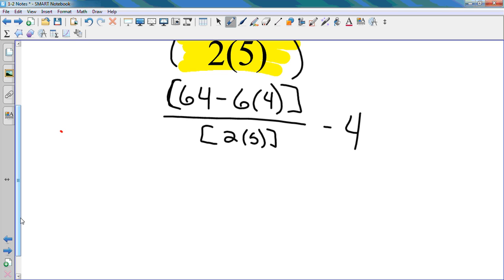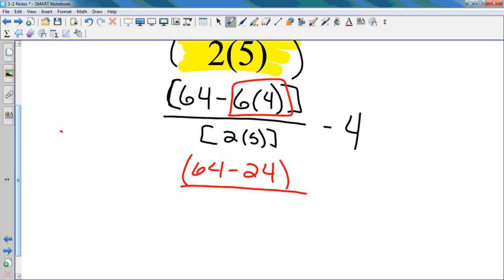Okay, I'm still inside these top parentheses, but then I want to do multiplication because by order of operations I do that before subtraction. I'm going to do this part here. So I have 64 minus 24, all divided by 2 times 5. Or if you want to keep the parentheses there, that's fine. All minus 4.